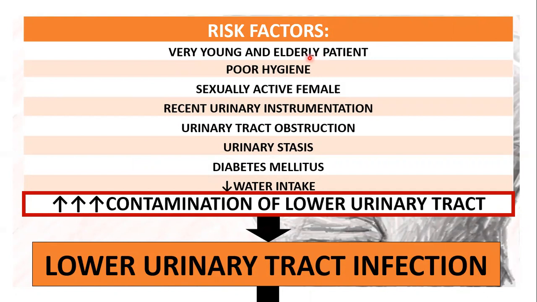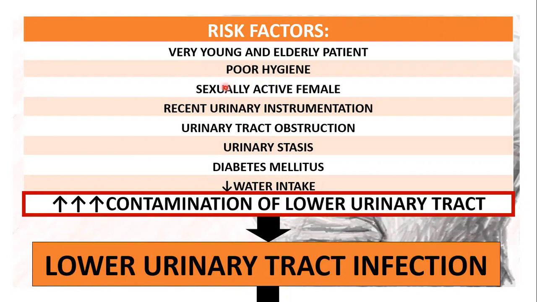Next is poor hygiene. Females are more predisposed because the urethra is in closer proximity to the anus. Okay, so it is more likely that they could acquire infection from poor hygiene. And the best advice for our female patients is to wipe from front to back.